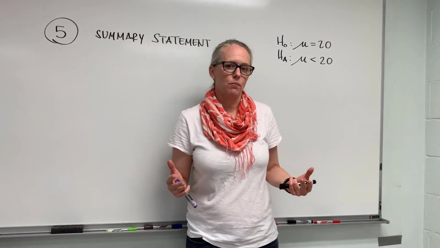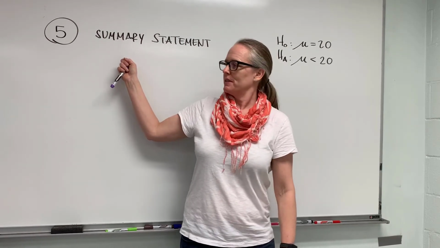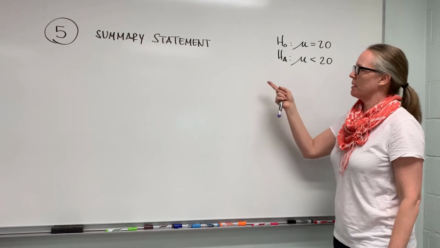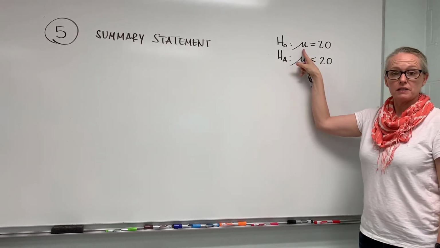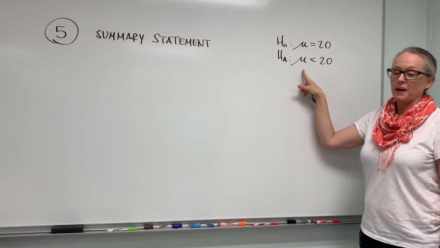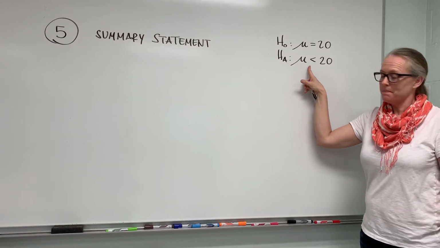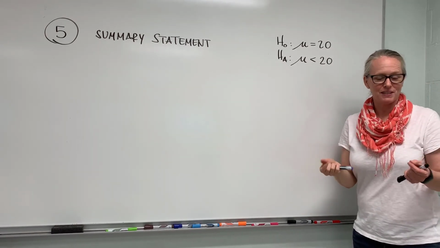We're at the last step where we'd like to communicate the results in a summary statement. So let's recall what our null and alternative hypotheses were. The null hypothesis said that the mean test anxiety score is known to be 20. The alternative claimed that it would be less than 20. Our decision was to reject the null hypothesis in step 4.